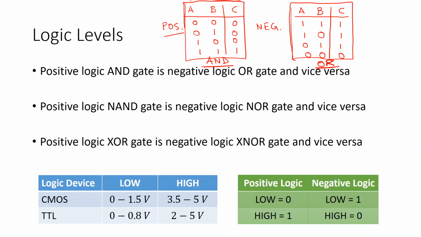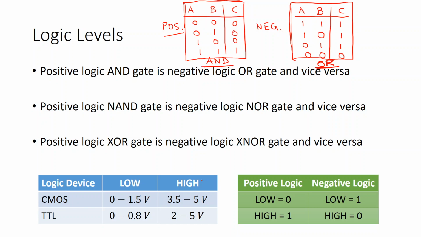So whatever has been built for the positive logic system, the AND, OR, NOT, NAND, NOR, all these gates, you simply have to use the alternate gate. So if you are trying to implement the OR logic gate in negative logic system, you have to use the AND gate of the positive logic system and pass your signals through it.